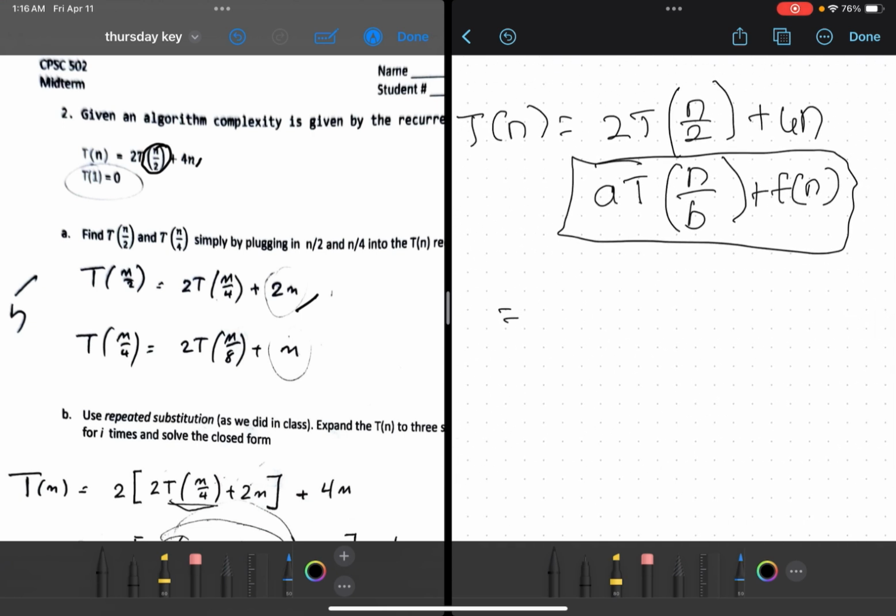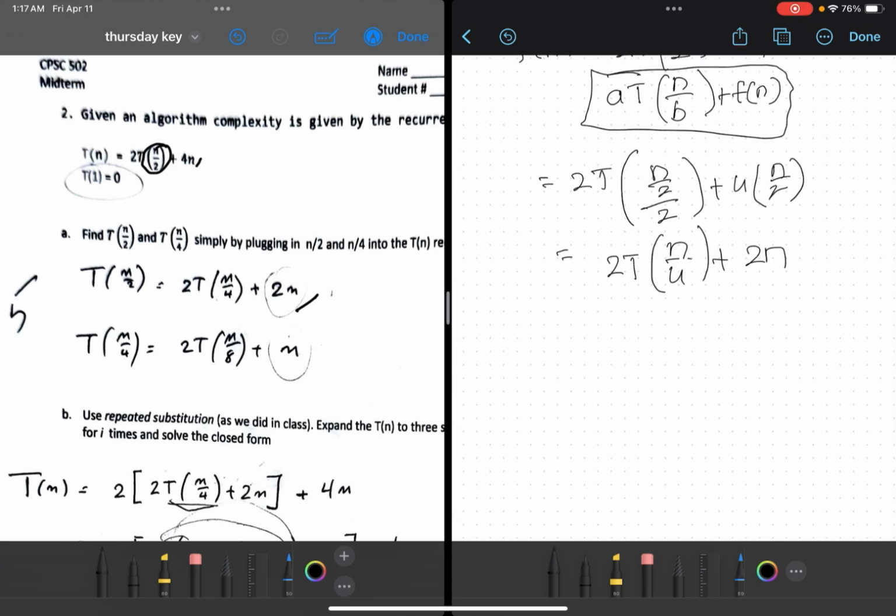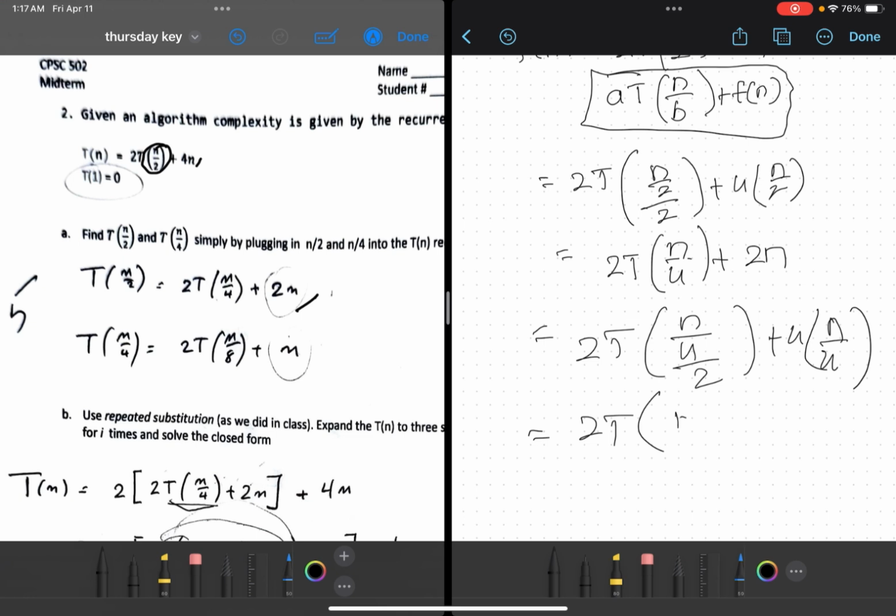Substituting n by 2 into 2T of n by 2 plus 4n, we get 2T of n by 4 plus 2n. And similarly, if you substitute n by 4 into 2T of n by 2 plus 4n, you are going to get 2T of n by 8 plus n. So that's how we got it.